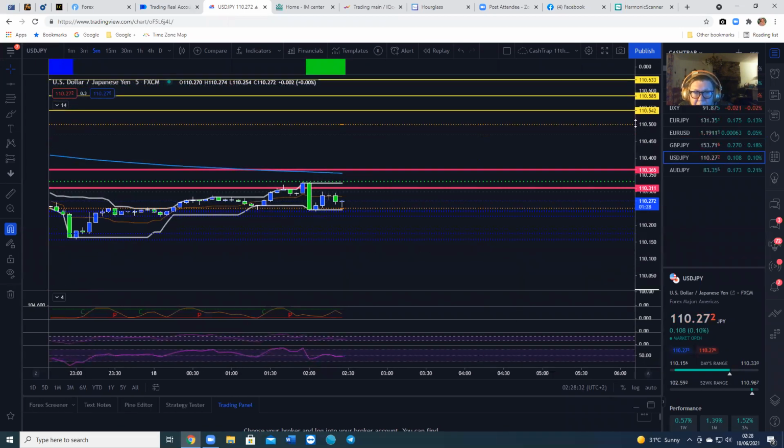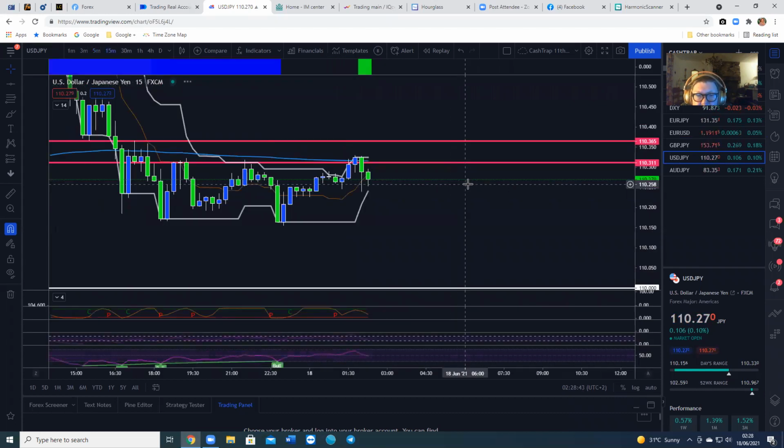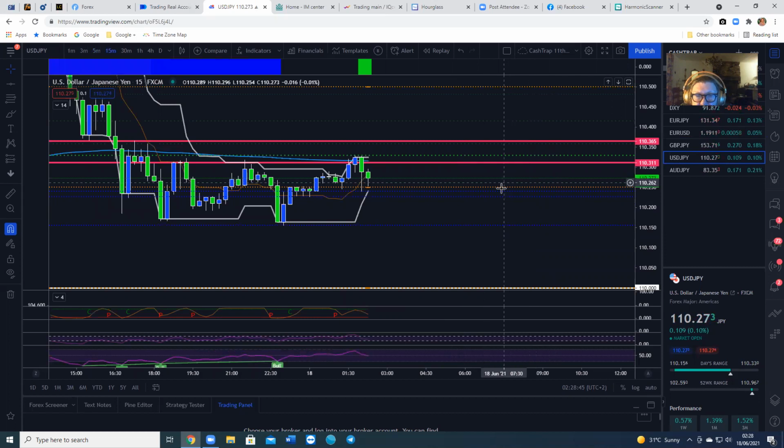Let's see where we are here. 7272. Those are previous markups. This is the 15-minute markup. So that was our level before on the 15-minute, 288 down to 240.